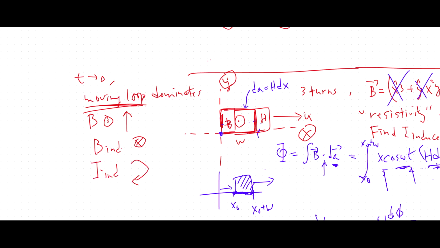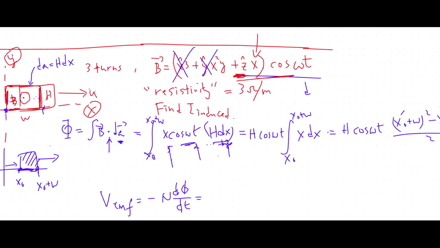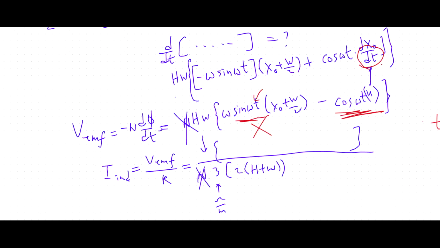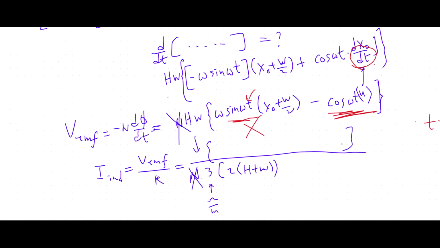So it depends on how you want to write your answer. If I just keep whatever sign I have here, then my cosine term is negative. So I'm going to say negative, meaning clockwise.